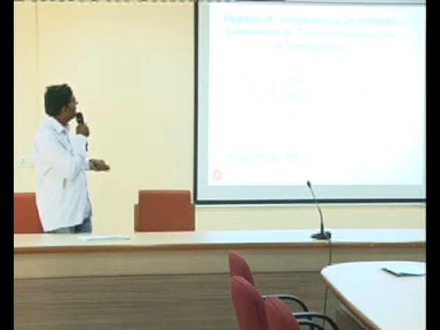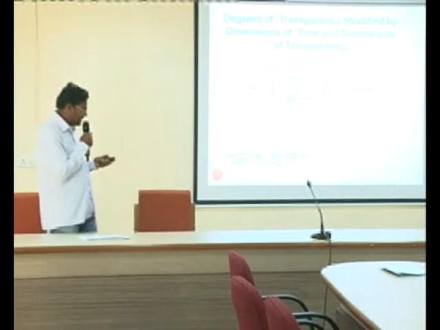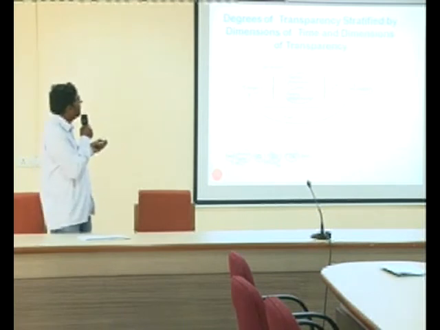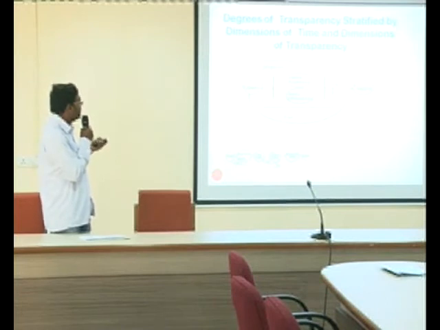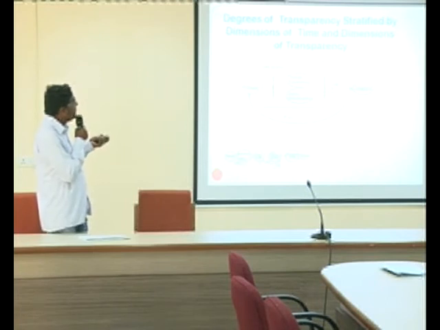And here it gets even more interesting. Degrees of transparency can be stratified by dimensions of time. Here, this is dimension of time, and again, the dimensions of transparency also.